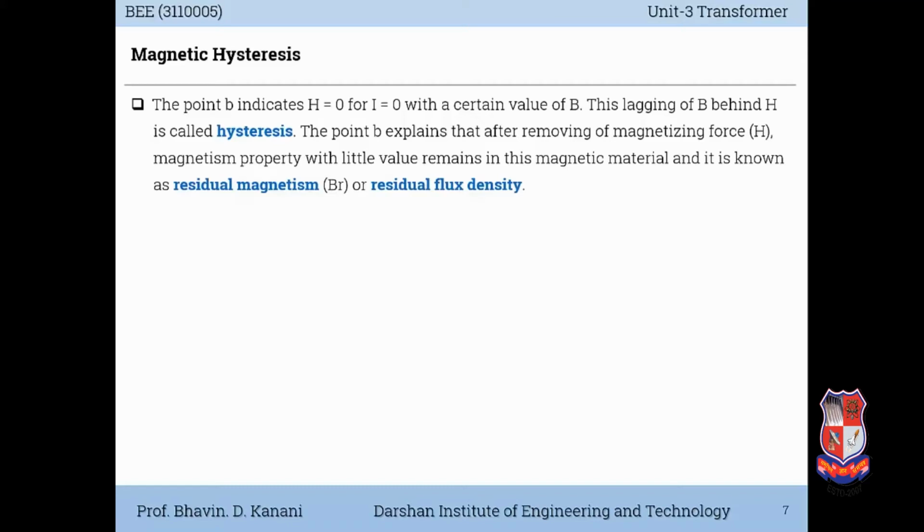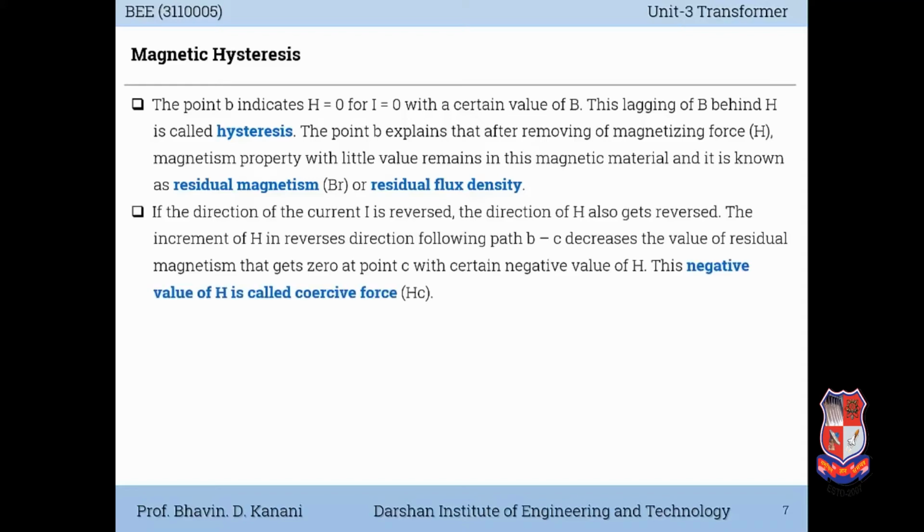The point B explains that after removing the magnetizing force H, a little magnetism remains in this magnetic material, and it is known as residual magnetism or residual flux density, denoted by B suffix small r.